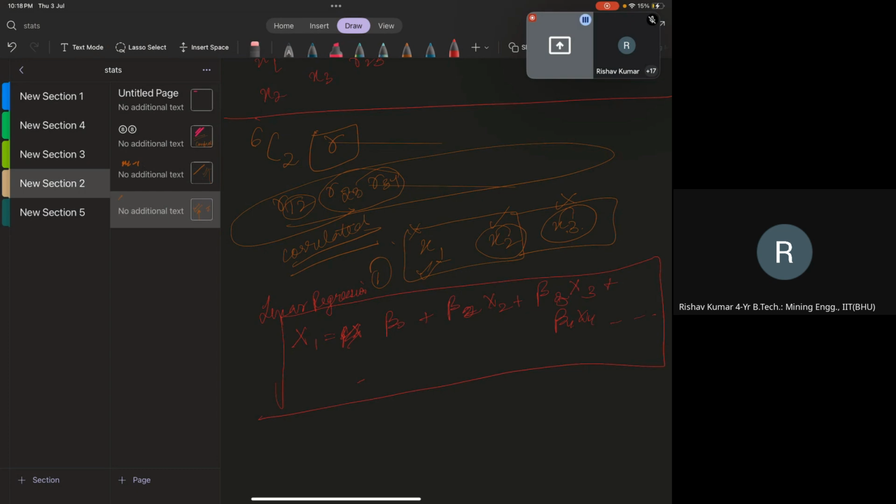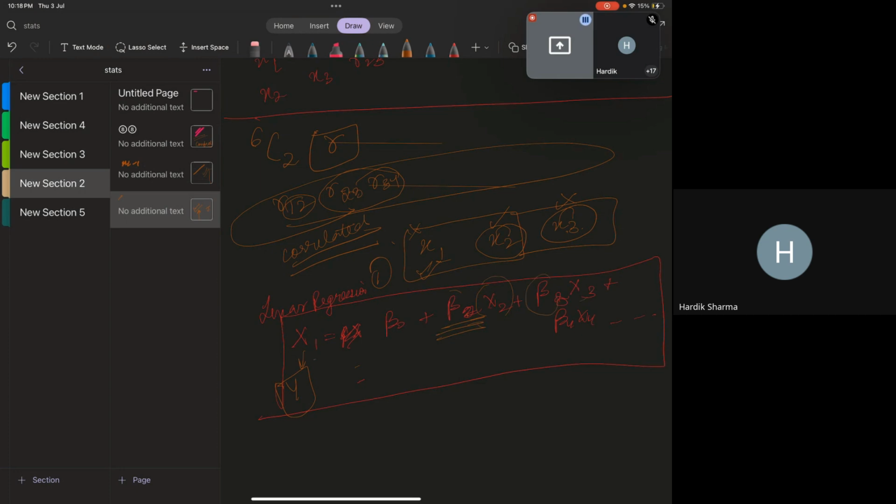Tell me what will happen. Guys, is it not telling you basic linear regression concepts? This becomes my dependent variable. Any problem? If I create a regression on this, beta 1 will tell me how x2 is affecting x1.